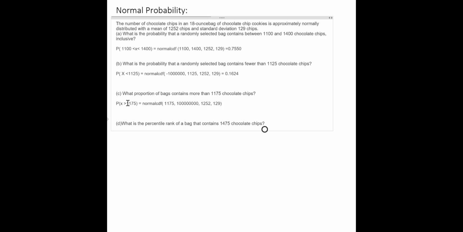So the area to the left of your score is 90%. So here, when he wants the percentile rank of a bag that contains 1475, you just do the probability of X less than 1475. Always less than for percentile. And let me put the less than sign here.